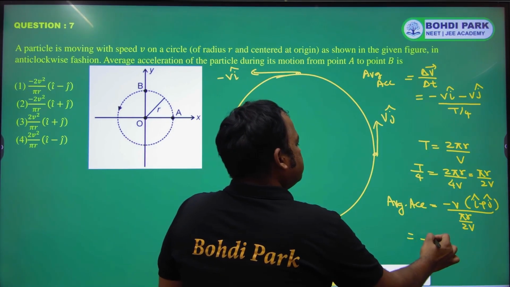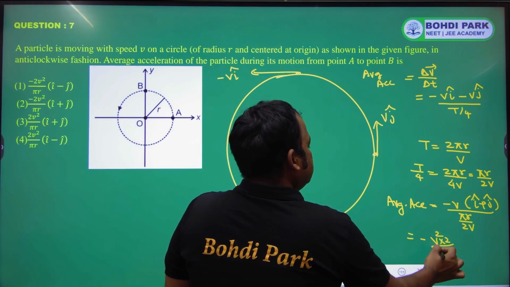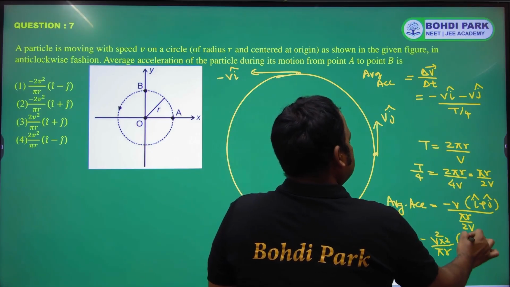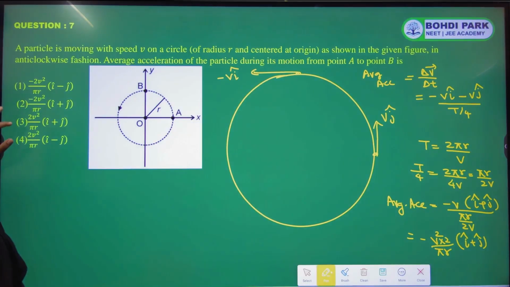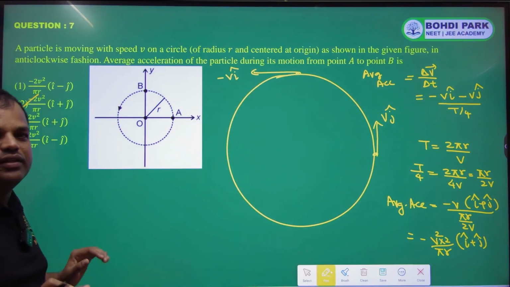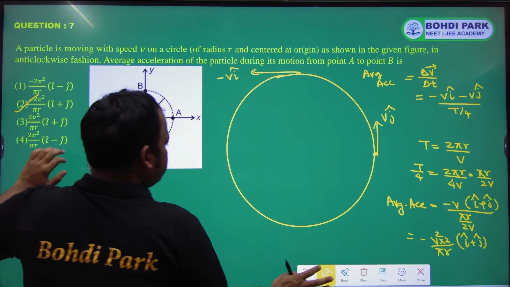So this is minus V square into 2 by pi r into i plus j. So minus 2V square by pi r into i plus j. So second option. Done. Now next question.